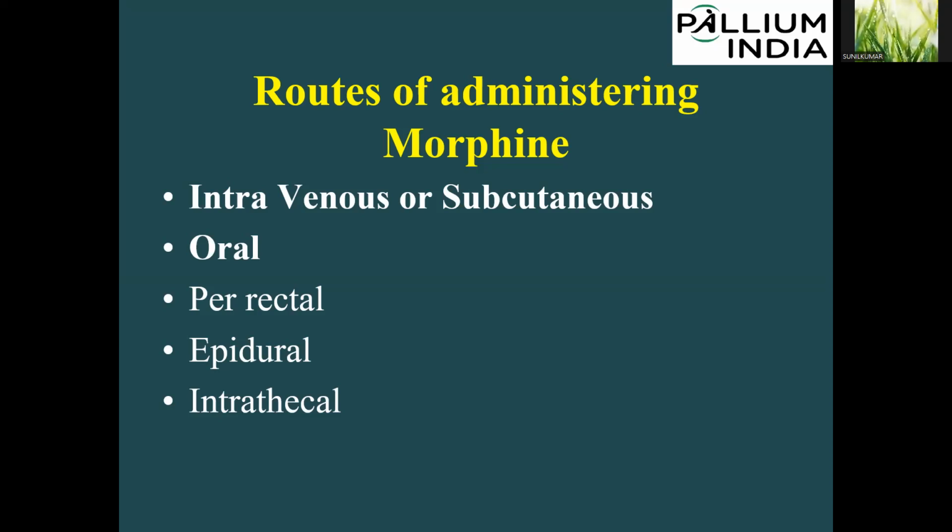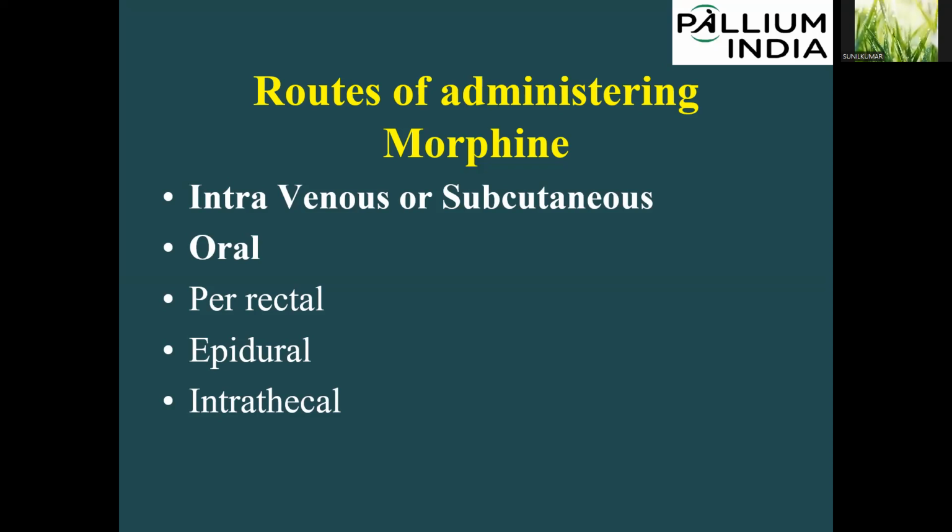But the problem is that after intramuscular injection, there will be pain, and that is the most common side effect of intramuscular injection. So you should not administer morphine intramuscularly. In this patient, we can give per rectal morphine because the patient is at home.